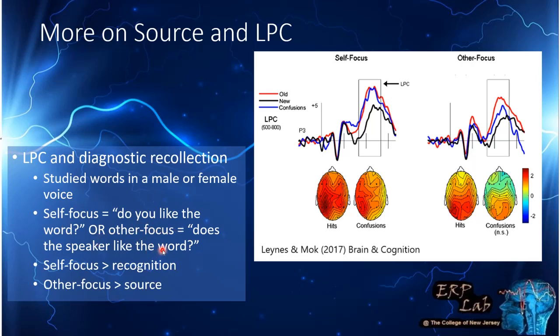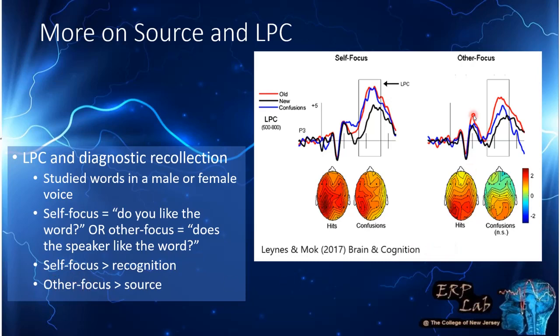The reason we did this is that evidence had indicated that self and other focus changed source monitoring ability, or the ability to identify the source of the information. One of the things we found in terms of the behavioral outcomes is that self-focus had better recognition overall. They remembered more of the items, but with other focus, they remembered more of who said it.